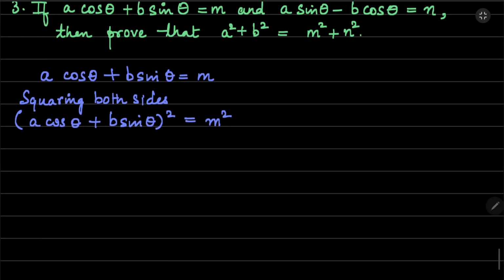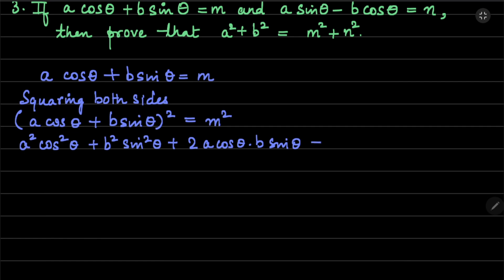So (a plus b) the whole square is nothing but a square, a square cos square theta plus b square sin square theta plus 2ab, so plus 2a cos theta multiplied by b sin theta. This is equal to our m square, right? Let this be equation 1.